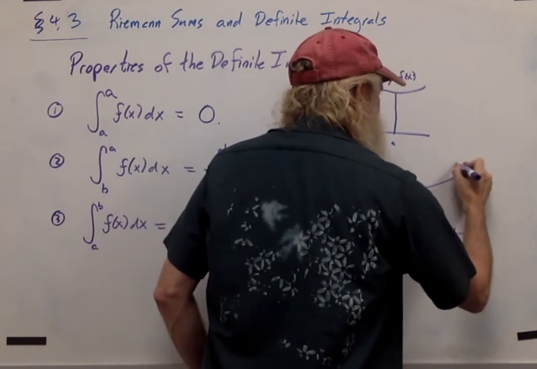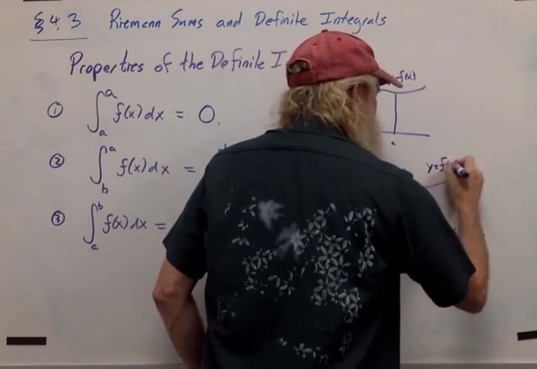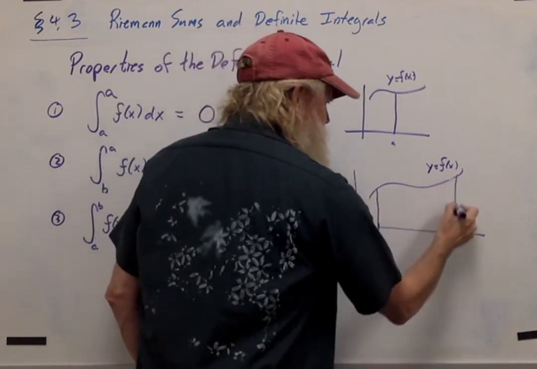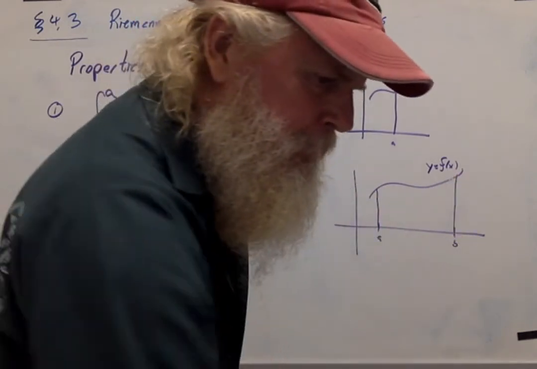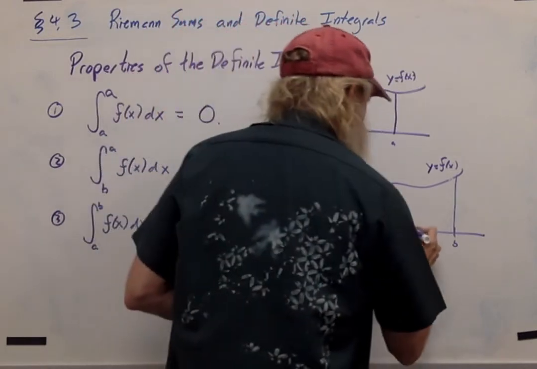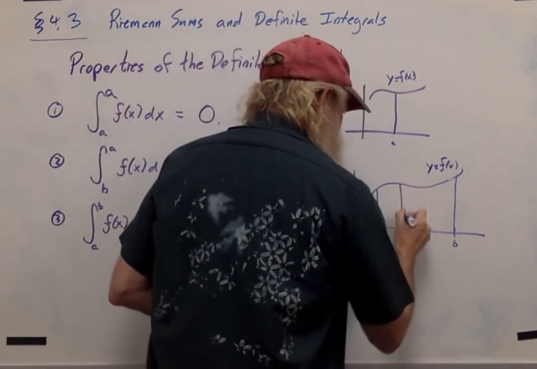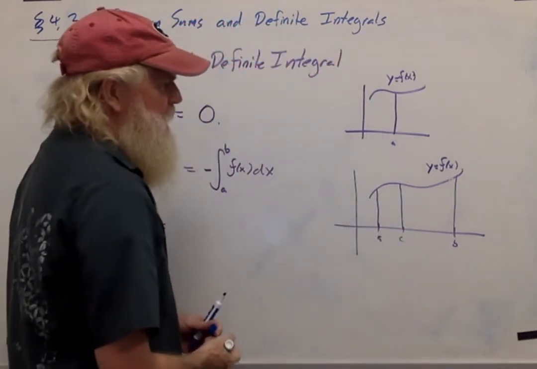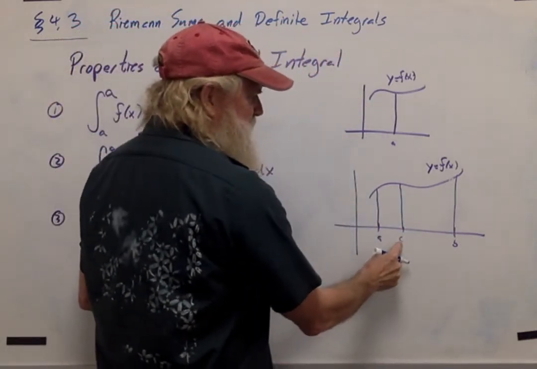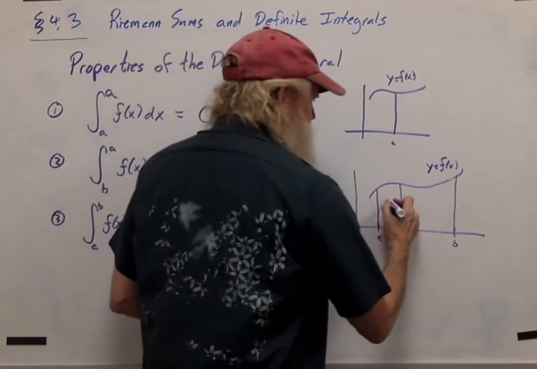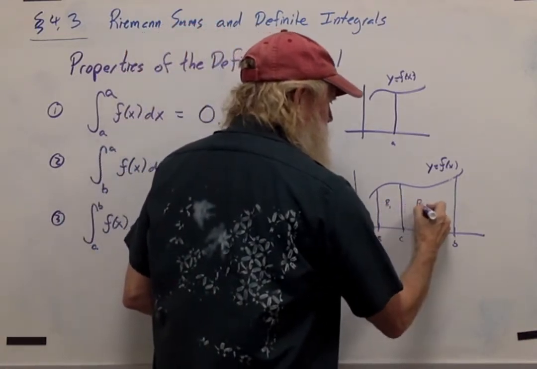Here's the function. And let's say that c is some point in between. Then notice that c is going to divide this region into two smaller regions. We can call them R1 and R2.